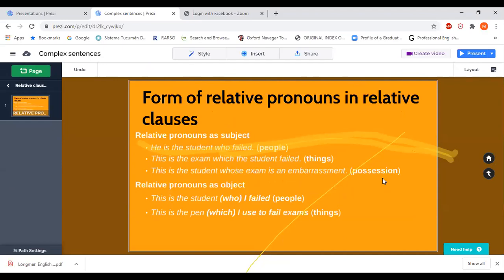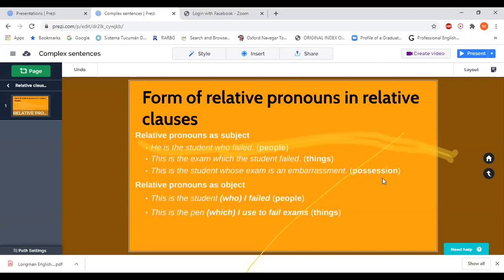He is the student who failed. In this case, we are using who for people. We are trying to identify a person, in this case, a student, okay? Which student is it that I am talking about? I'm talking about the student who failed, okay?